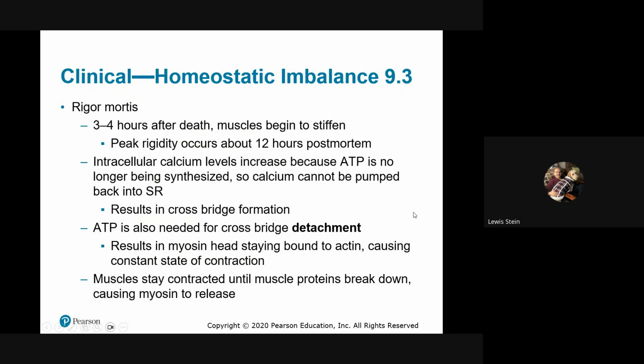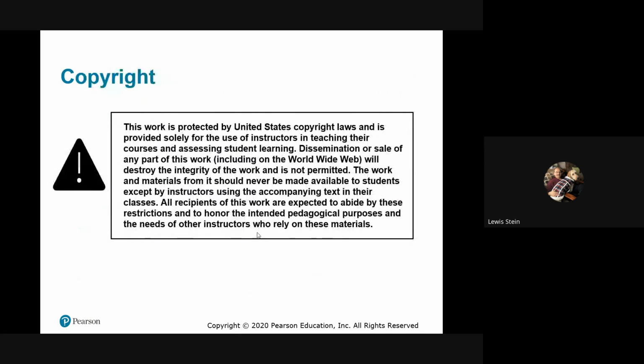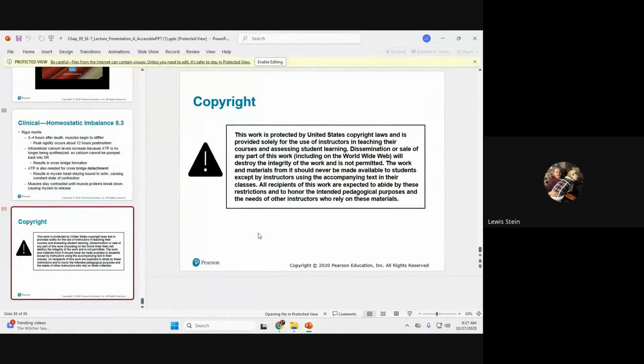With the cross bridge formation, calcium cannot be pumped back into the sarcoplasmic reticulum, so the myosin stays bound, causing a constant state of contraction until the proteins themselves denature. And then the stiff is no longer stiff. Voila. That is all excitation contraction coupling.